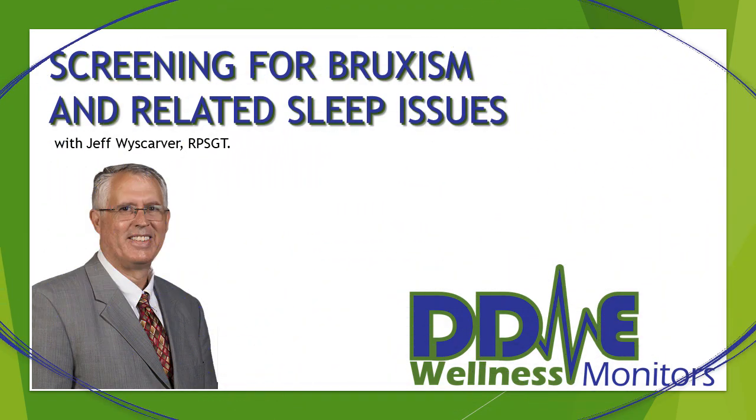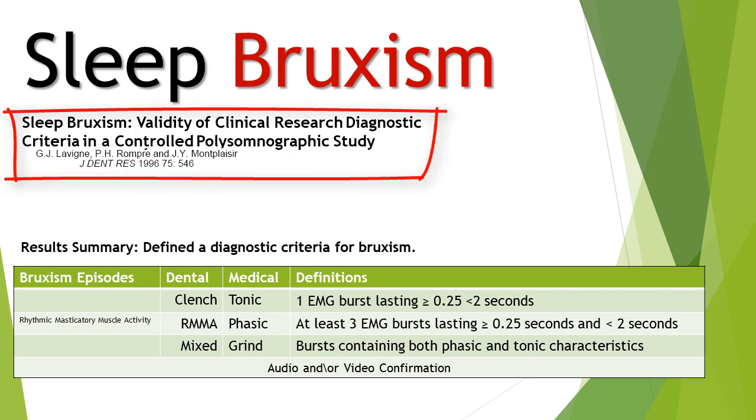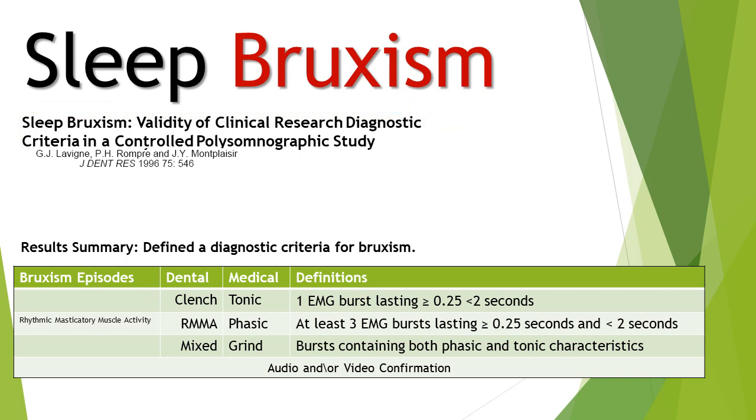Sleep bruxism, let's talk about the definition first. I use the research done by Dr. Levine and his article published in 1996, in which he defines some of the events that make up sleep bruxism. There's a clench, defined as one EMG burst lasting anywhere from a quarter second but less than 2 seconds.